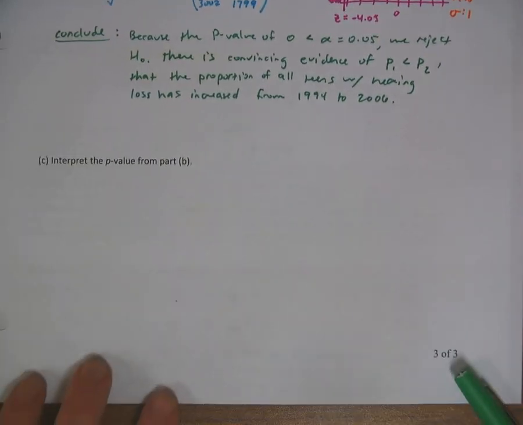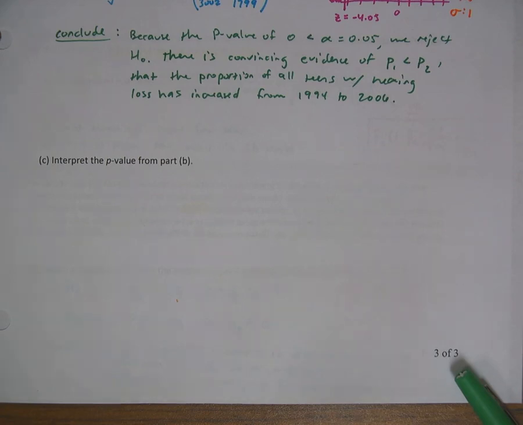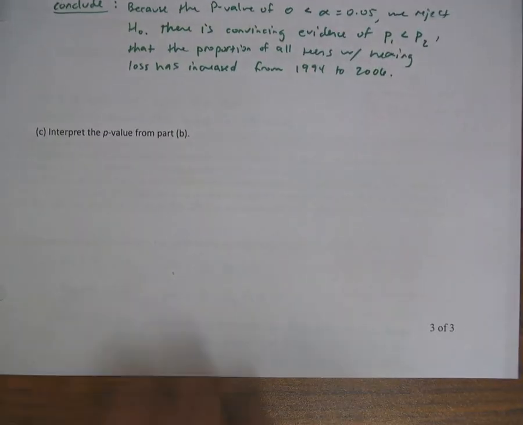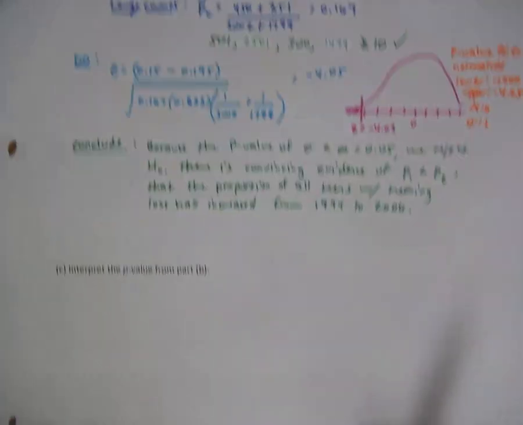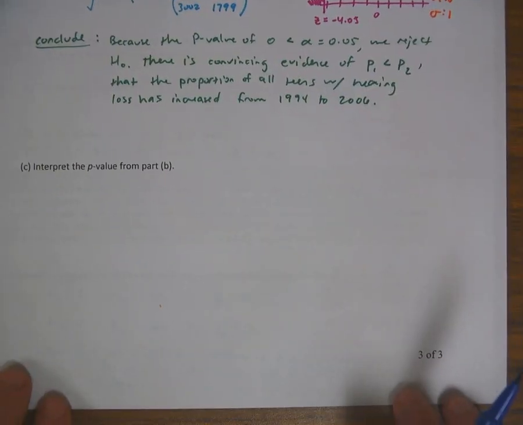And the last and most difficult part for some of you is going to be just interpreting this p-value, especially when there's a difference. We're testing a difference in population proportions. So we're assuming that the null is true. We always assume the null is true in a hypothesis test.